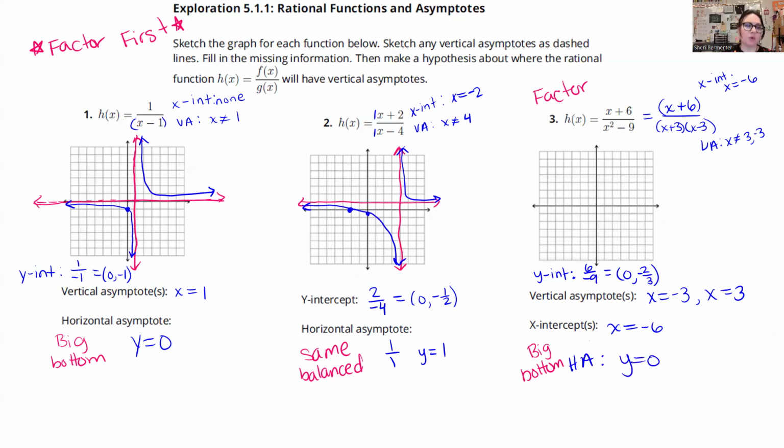This is what happens more often than not, so it's a really good one to commit to memory. Big bottom is 0. So I'm going to sketch on my asymptotes and intercepts. That's half the battle. Horizontal asymptote at y is equal to 0. Vertical asymptotes at positive and -3.